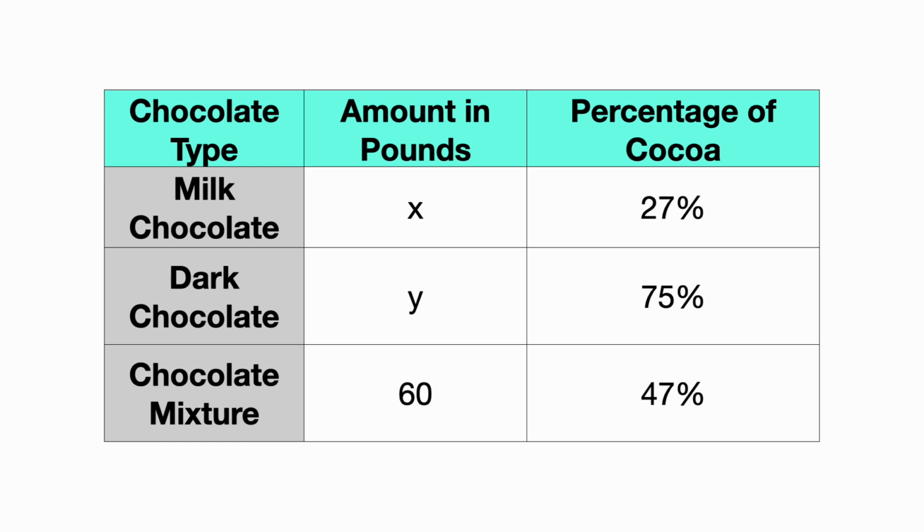In the first row we have x pounds of milk chocolate at 27% cocoa. Next row we have y pounds of dark chocolate at 75% cocoa. And finally we'll have 60 pounds of chocolate mixture at 47% cocoa. As we can see, we have set up our table with the data for this mixture word problem.